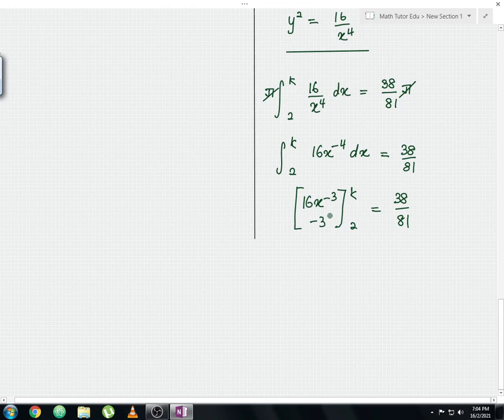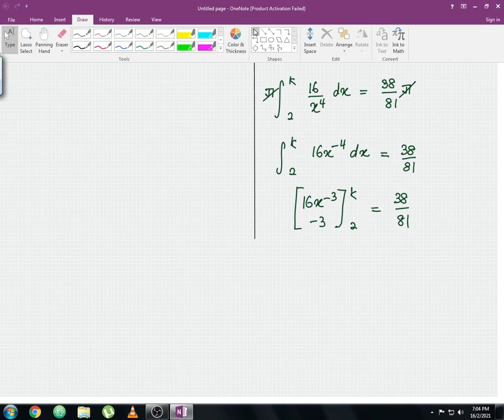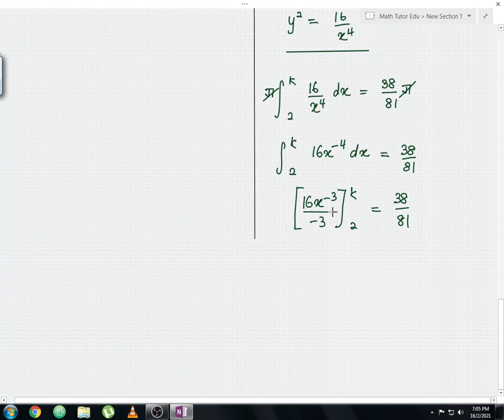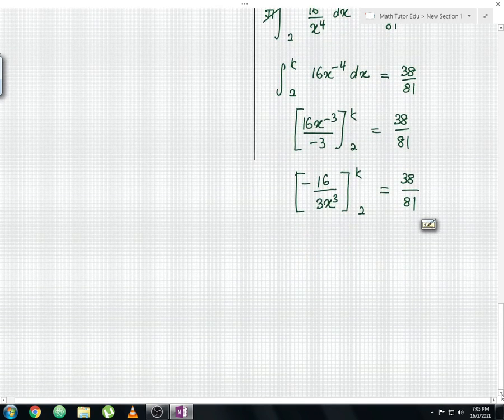Let me underline the fraction over here. Let me rearrange this equation. It will become negative 16 over 3x cubed, with respect to the limit k to 2, is equal to 38 over 81. Continue our working.